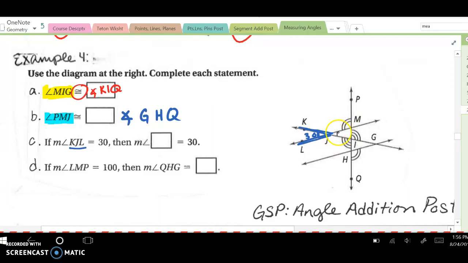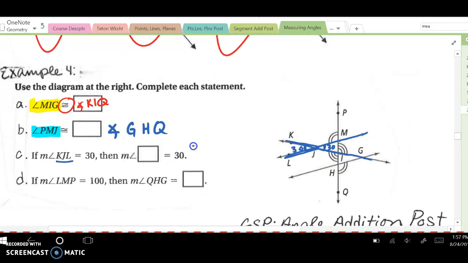Well, if these 2 angles are congruent, they both have 1 ring, it would also be 30 degrees. Now we just have to name that angle. It would be right here, so it looks like that might be MJI. Angle MJI. Again, you could have called it GJM. There's lots of things you could have called it. The important thing is J has to be the middle letter.